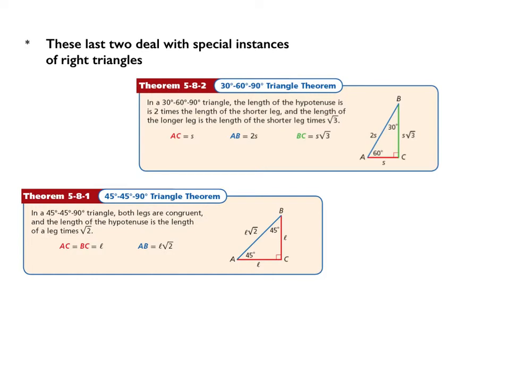Our other special circumstance is if we have a right triangle where the acute angles are 45 and 45. So this would also be an isosceles right triangle. Both legs are congruent, and the legs would be represented by length L, and the hypotenuse would be L times the square root of 2.